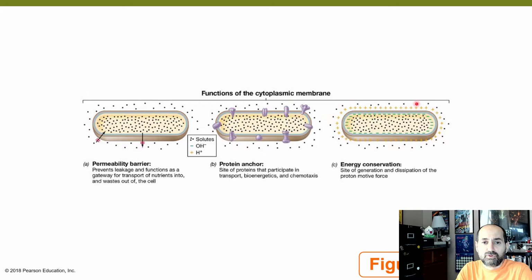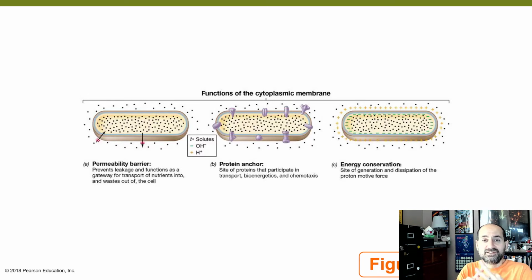It drives a proton gradient, so you get a high concentration of protons outside due to active transport of protons with the electron transport chain, and then the bacterial cells can utilize that proton gradient through facilitated diffusion in order to do work: to make ATP, to run the flagella, to transport molecules across the membrane through transporters.